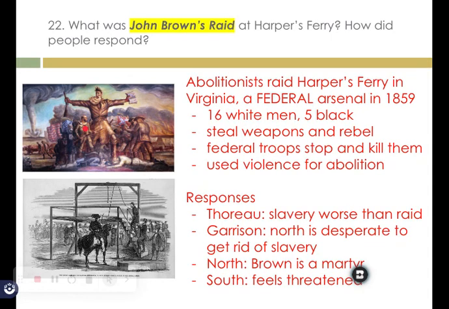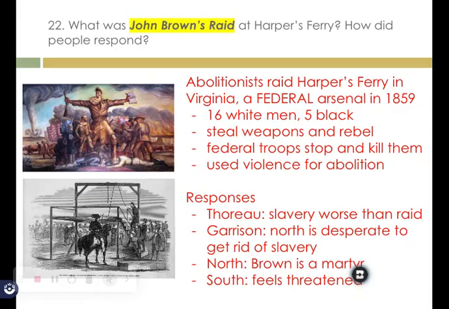They've always tried to reason with the South in order to solve the issue of slavery. But now Northerners are starting to think, maybe this guy John Brown is right. Maybe we do need to use violence to abolish slavery. So it's starting to plant the seed of potentially going to war against the South in the name of abolitionism.